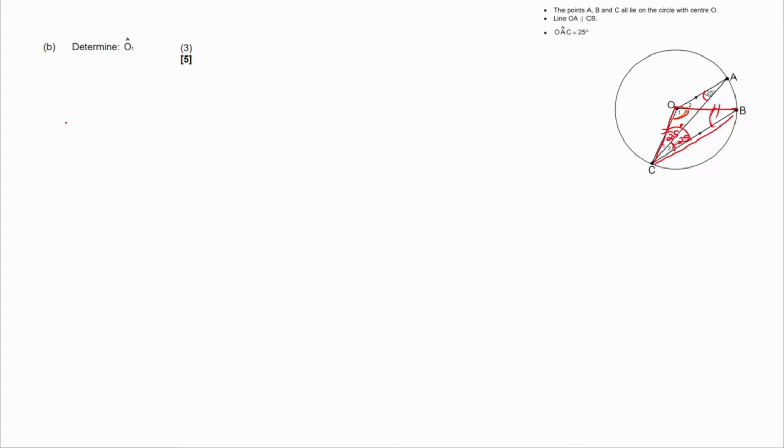Okay, so let's start off by saying that C2 is 25 degrees. And the reason there is alternate angles, and OA is parallel to CB. Okay, so we can say then that therefore OCB, that angle is 50 degrees.